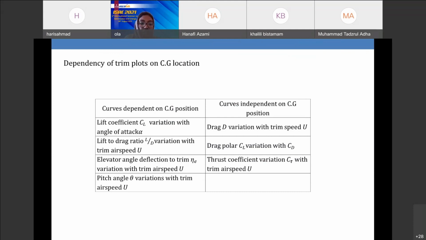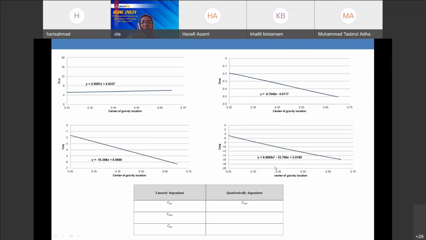Elevator angle deflection to trim variation with trim airspeed, and pitch angle variation with trim airspeed. The curves that are independent of the CG position are the drag variation with the trim speed, the drag polar variation with the CG, and thrust coefficient variation with the trim airspeed.